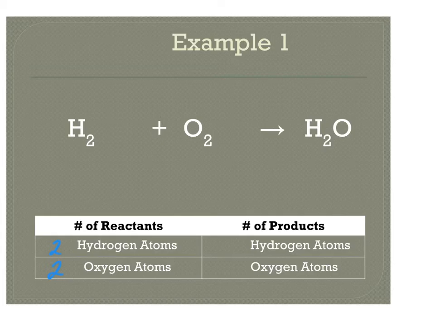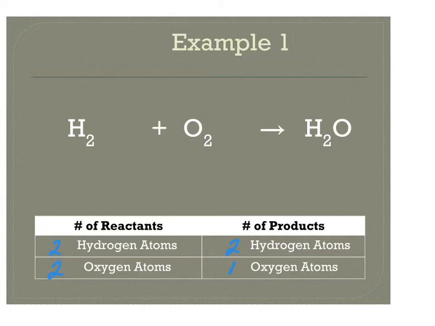On the product side, after the arrow, we also have H2O. We have 2 hydrogen atoms. Our problem here is that we only have 1 oxygen atom. So what we need to do is add coefficients to balance this, to follow the law of conservation of mass. To do this, we add the coefficients. We just start one at a time.